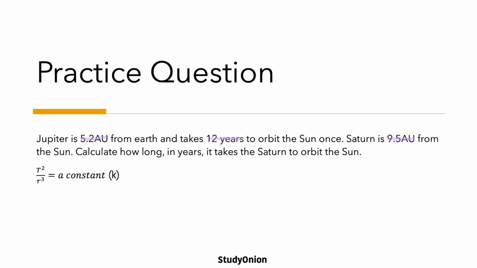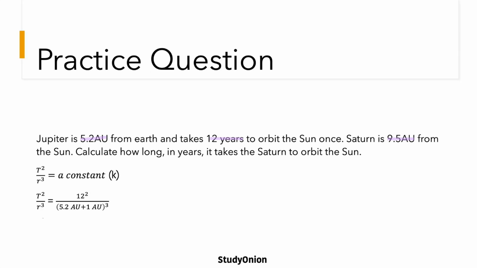Okay, so t squared divided by r cubed is a constant, which is k, and that is going to be equal to the orbital period squared divided by the mean distance cubed. The careful thing about this is that r is not the mean radius, it is the mean distance. And that is equal to 12 squared divided by (5 AU plus 1 AU) cubed.